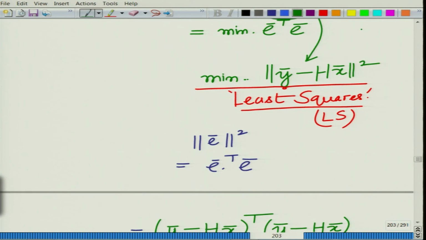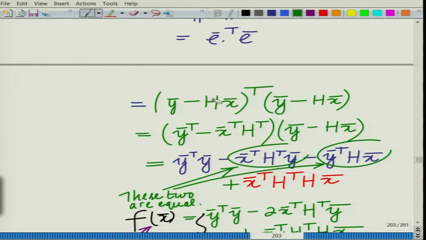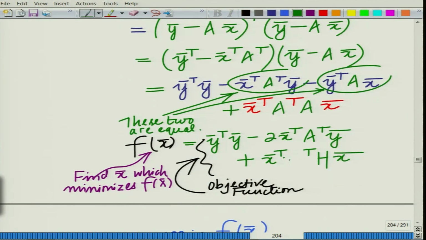Let me just change this to a y bar minus A x bar everywhere, and this has to be A transpose, this has to be A, and this has to be A transpose A.